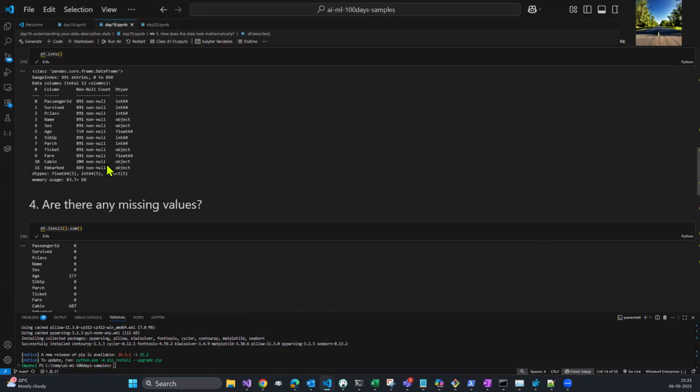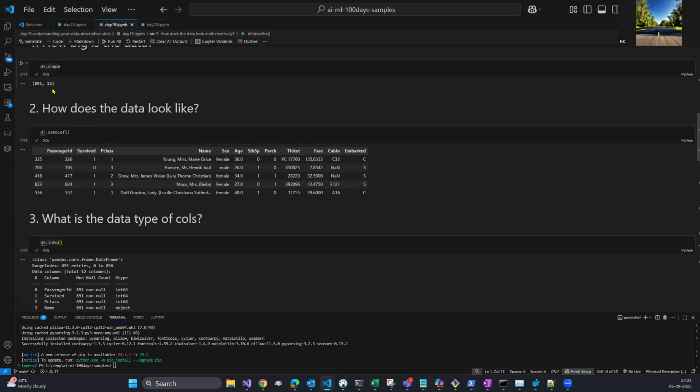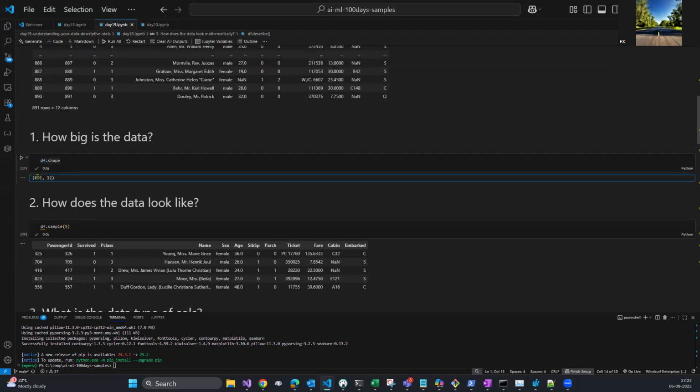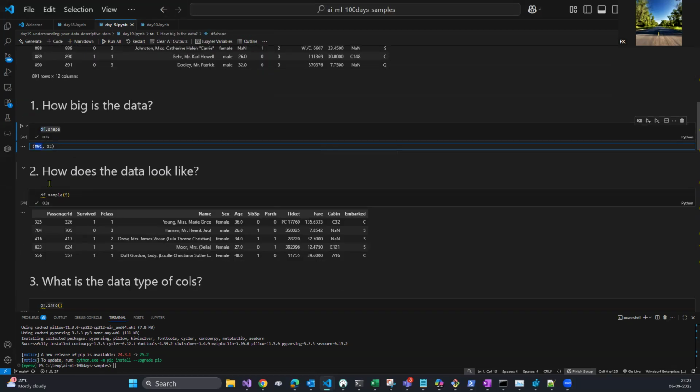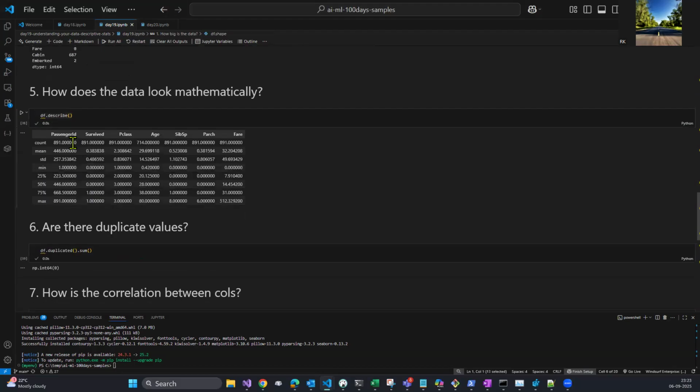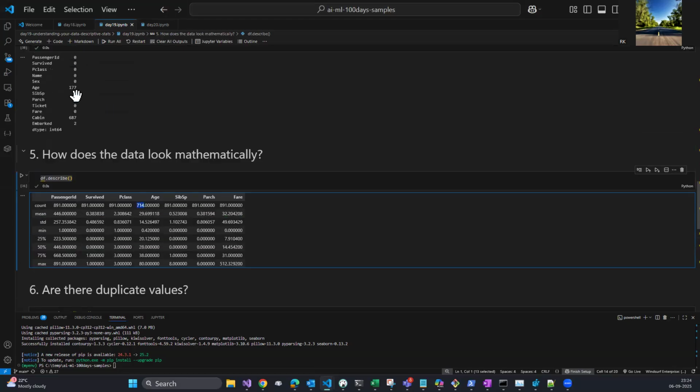If you go to the shape, you will see the total rows are 891. So this PassengerId count is exactly 891, which means there are no null values or empty values. Similarly, it will show for Survived, and for Pclass.